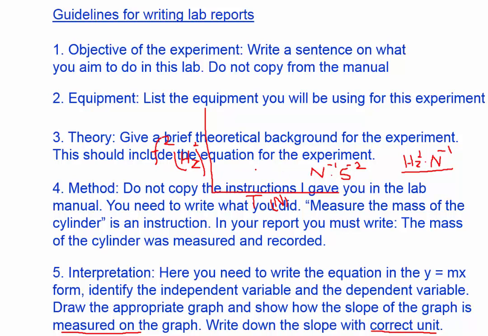I'm going to use just a number. Suppose the slope we measured is, say, 5. So the slope of the graph we got as 5 Newton to the -1, second to the -2. That's the unit of the slope. So I'm going to write it as m equal to, again, don't confuse between the slope m and the mass m.